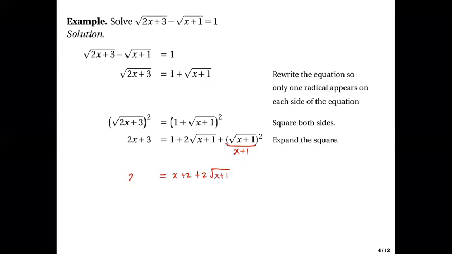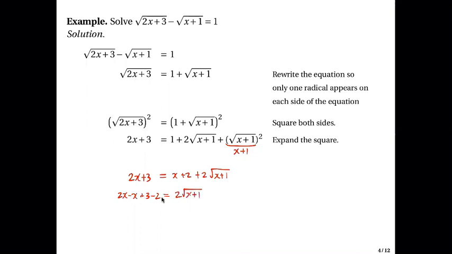This is your 2x plus 3. And then this guy, we move it to this side. This guy also, we move it to this side. So you will have 2x minus x, and then 3 minus 2. So 2x minus x plus 3 minus 2. This is 2 square root of x plus 1.